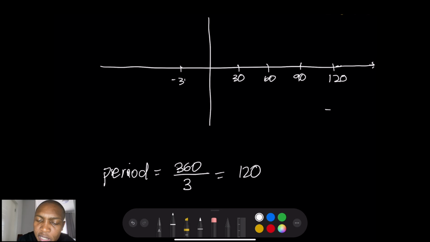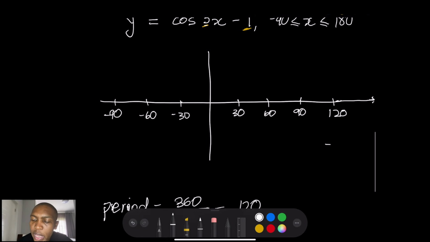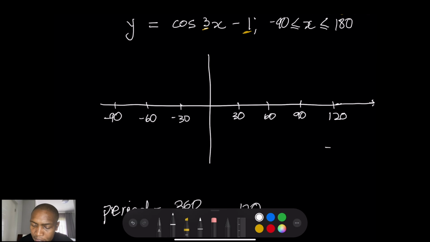So I'd have minus 30 this side, minus 60, minus 90, on the side. Okay, so that is where I would have my normal cos graph. Now, let me just draw what it would look like normally before we have the vertical shift.